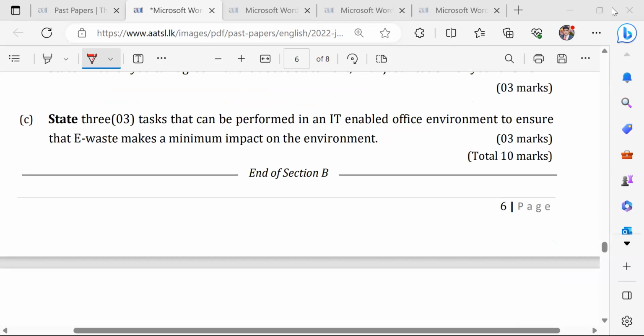State 3 tasks that can be performed in an IT-enabled office environment to ensure that each makes minimum impact on the environment. These are asking about electronic waste. You just have to state them. Use energy efficient and long-lasting hardware. Durable hardware we can use.